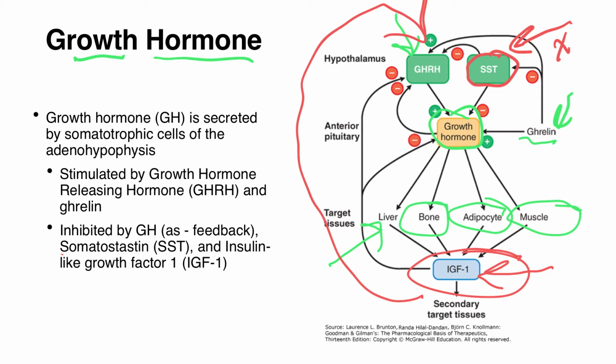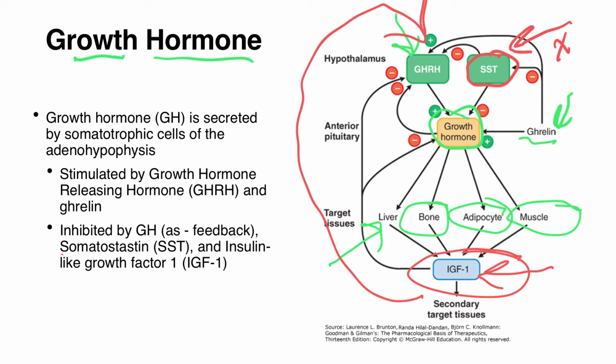When we have normal homeostatic levels of growth hormone out in the body, levels of IGF-1 that are homeostatic will signal back to the hypothalamus that we can stop releasing growth hormone releasing hormone.